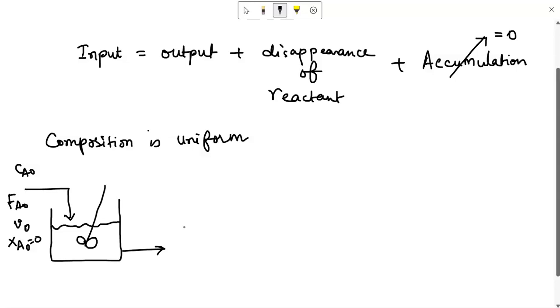But at the outlet, let's say the final concentration is CA, the final conversion is XA, vf is the final volumetric output flow rate, and FA is the final output molar flow rate.